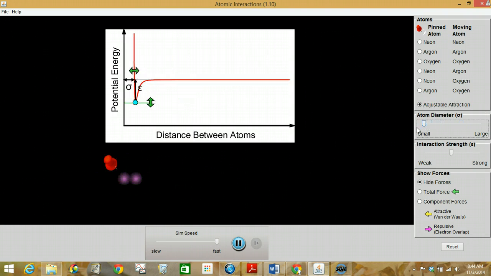So again, small diameter, strong interaction. Right, and let's see what happens here. So this is supposed to be the carbon monoxide.